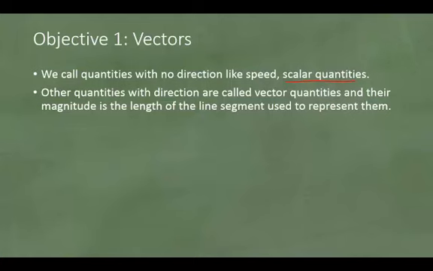So for example, if we say we have a car that goes 10 miles per hour northeast, then this length we can say it's 10 units long. And really what we mean by that is that if we have another car going 20 miles per hour northeast, then that length should be twice as much, so 20 units.